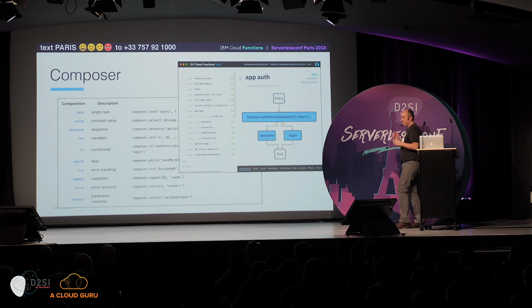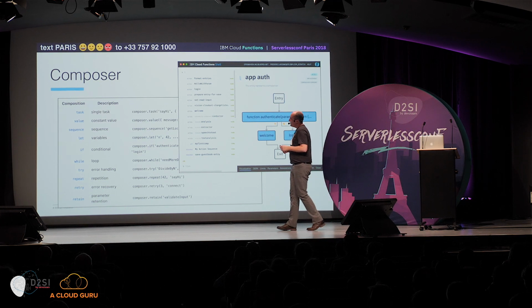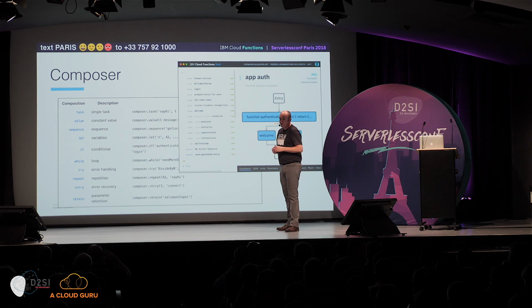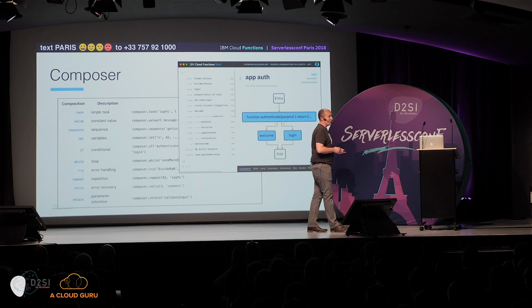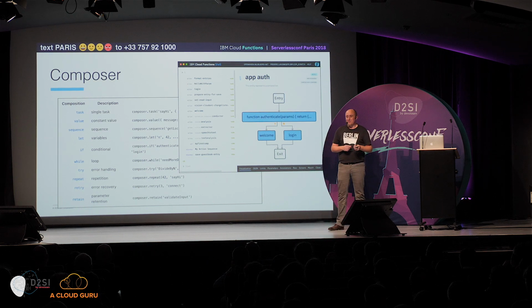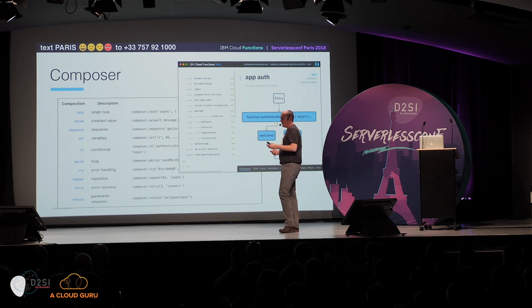So one aspect I will not demo here, but we can demo that at the booth, is a new component we're adding on top of this called Composer. There is this concept of sequence in Cloud Functions, so one action, a list of actions. But quite often, or most of the time, that will not be enough, because you will want to implement some routing into your actions, some loops, something like this.